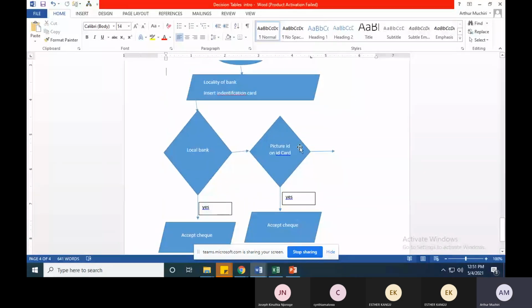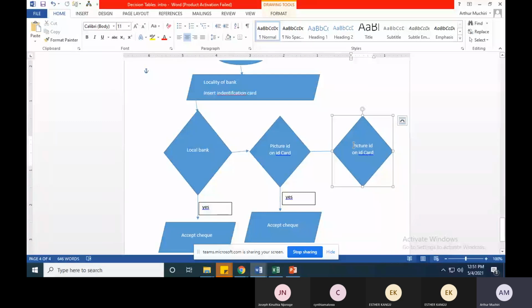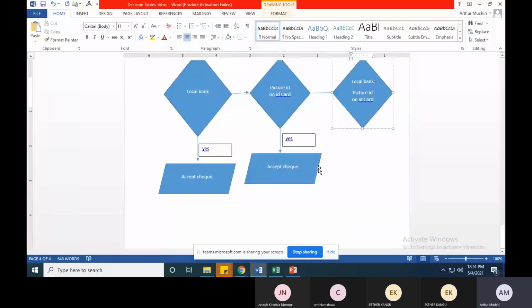So now we also have another one here. This one will check whether it's a local bank or it has a picture ID. So that one will also be accepted. If, for example, you say you have a local bank and then it asks you to insert an identification card, then you insert your identification card. It checks whether you have a picture ID. Then it will also accept your check.